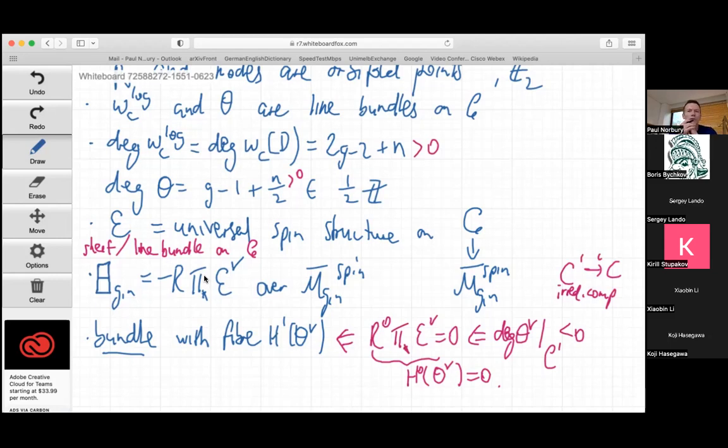So the Hodge bundle was a push forward of the log canonical sheaf. So the log canonical on this universal curve, sure, we're over M g n bar, but M g n bar is similar to M g n spin bar. And we took what we'd call omega pi, where this map we're calling pi.